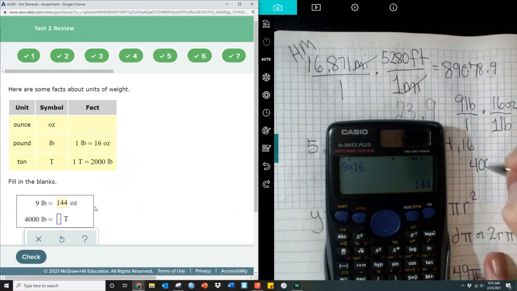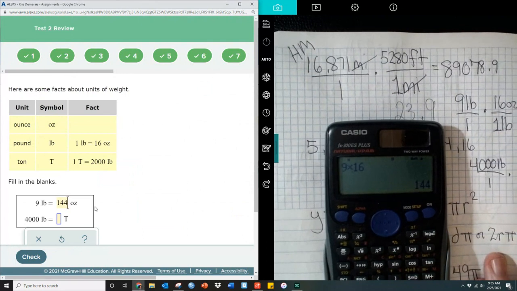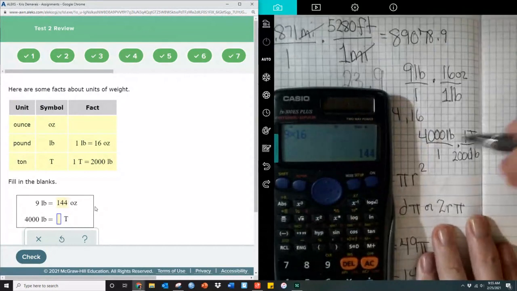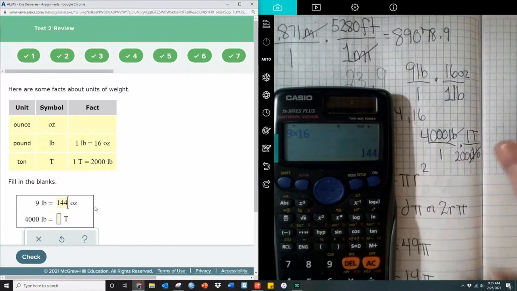Next, 4,000 pounds over 1, and then pounds need to be knocked out. 2,000 pounds equals 1 ton. So that means the pounds will knock out, but that means I take 4,000 divided by 2,000, and then that's obviously 2, right? So that's 2 tons.